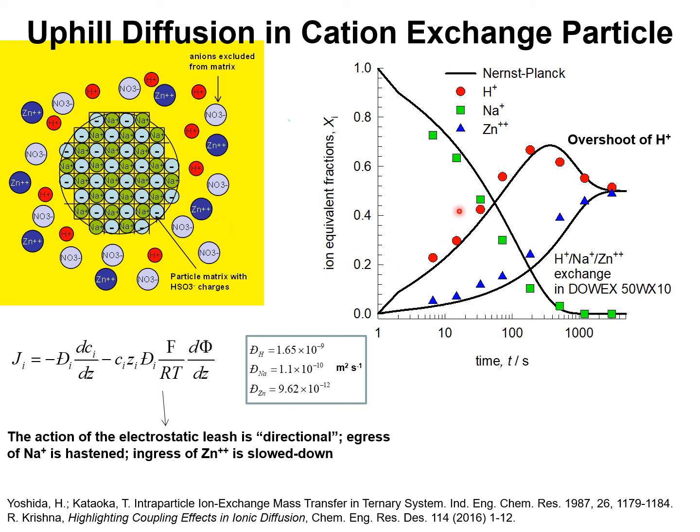The net result is an overshoot in H plus, and you will note that there is a concomitant rapid decline in the ion fractions of the sodium cations, shown in green.